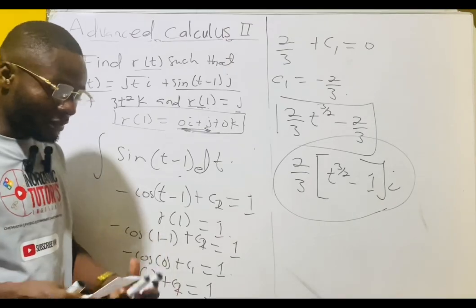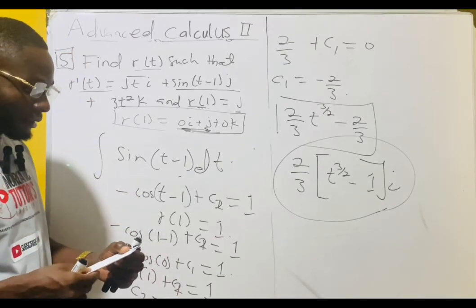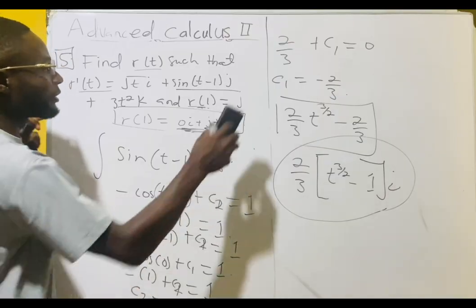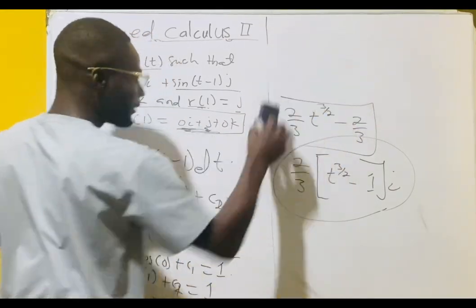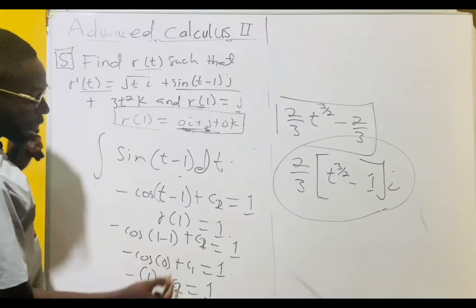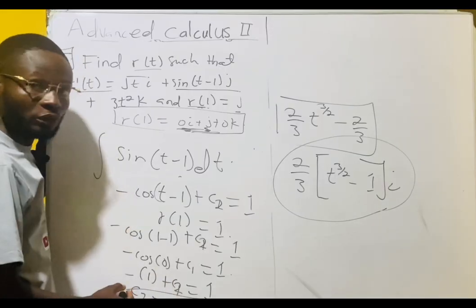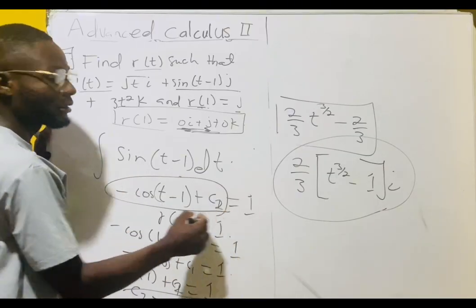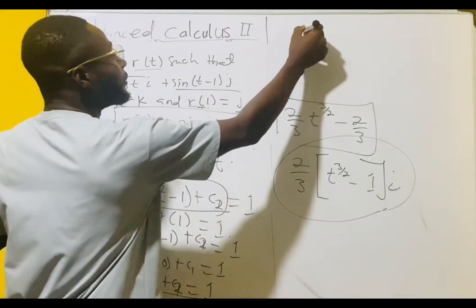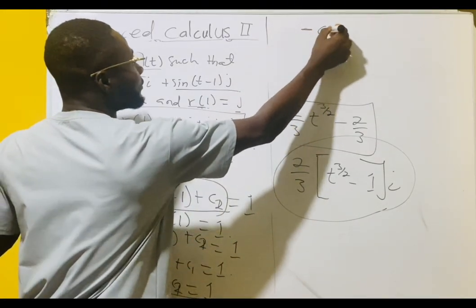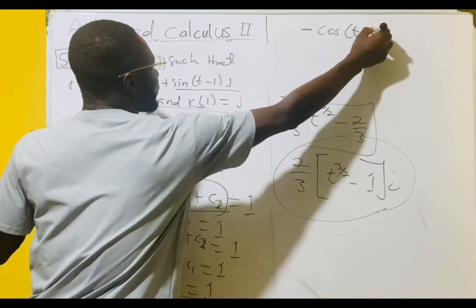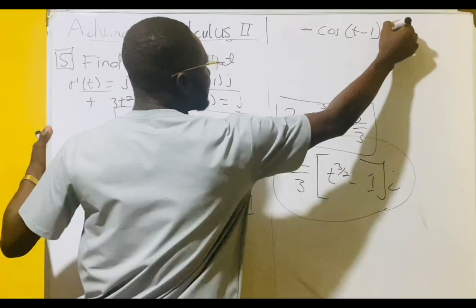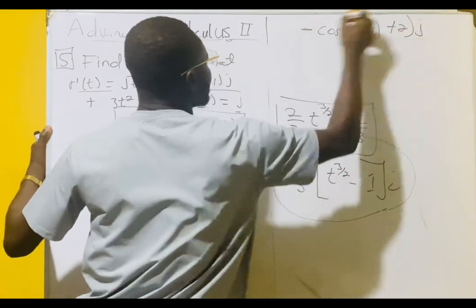Okay, so that is the second component. So we can see that now we have our c2 to be 2. So we substitute into this, right? So we have negative cos of t minus 1, then our c2 is 2, so plus 2 for j, right?